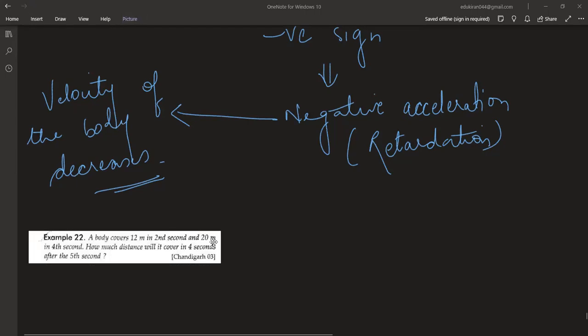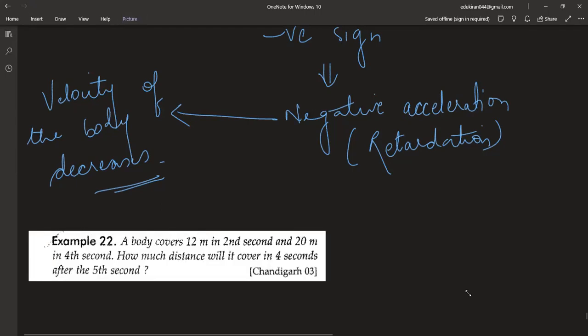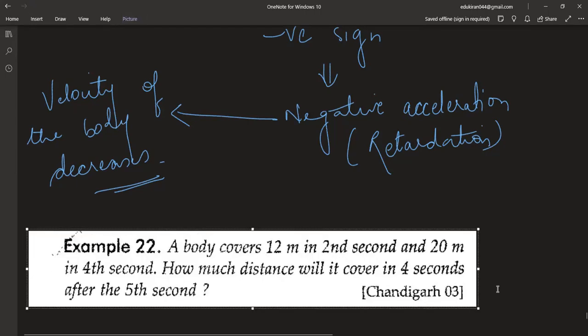See, this is the next question. All those who have written it, attempt with this. A body covers 12 meters in second. Now, the class, pay attention when you are attempting this question, because this is not 2 seconds. There's a difference between when we say t is equal to 2 seconds and when we say second.